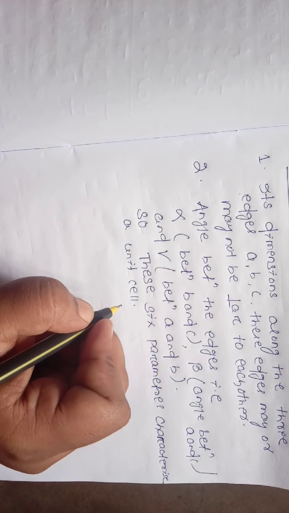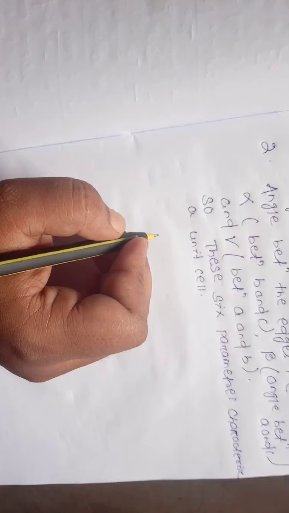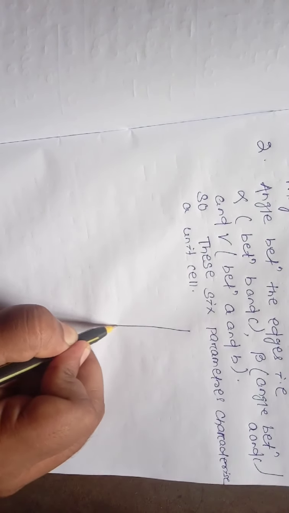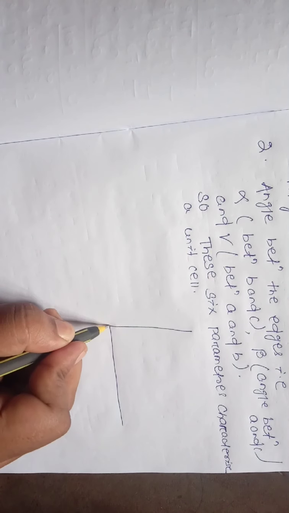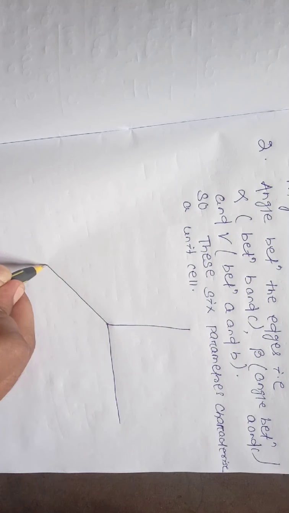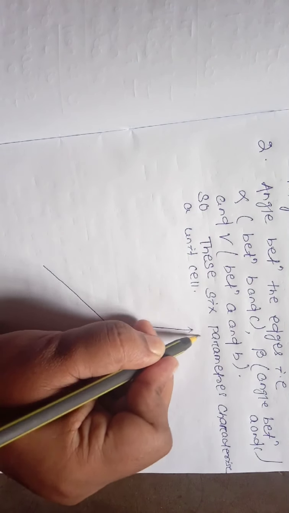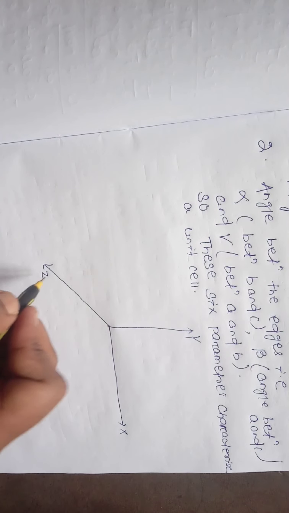So let's draw the figure of the unit cell. This is the Z axis.